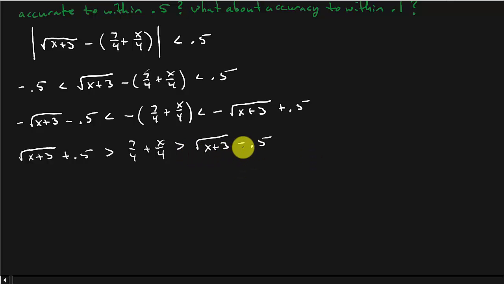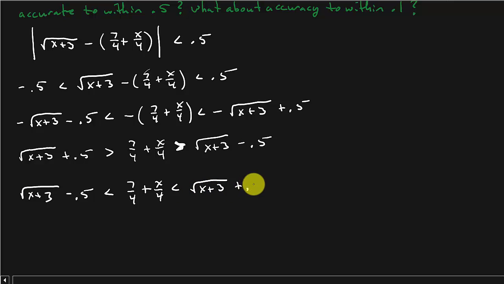Now let's rewrite it with the smaller term first. So that's going to be square root x plus 3 minus 0.5 less than 7/4 plus x over 4 less than square root x plus 3 plus 0.5.